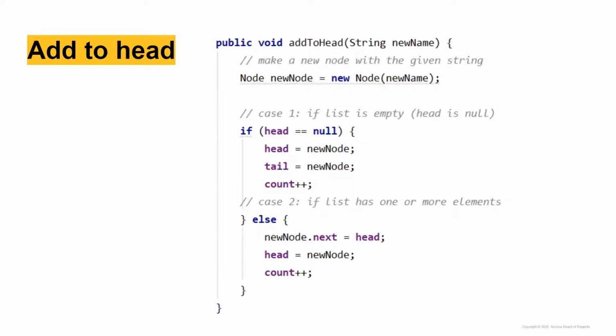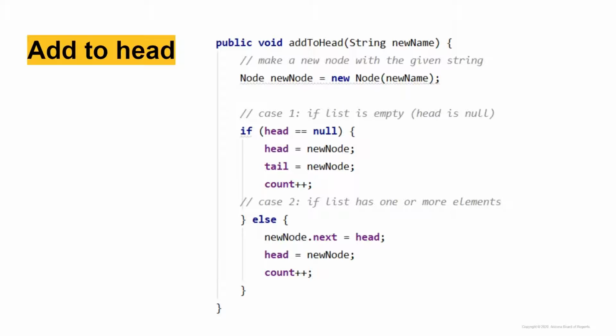So let's take a look at what that looks like in code. As you can see, we have our method called add to head, and all of these adding methods, and we're going to get onto some deleting, should be methods within your linked list class. So we're making our new node. I've just called it new node, makes sense.